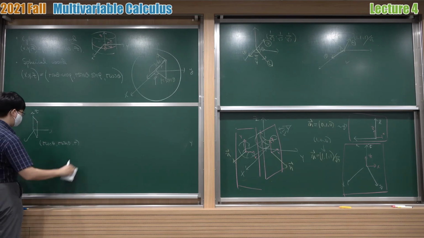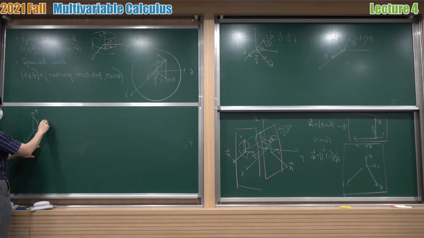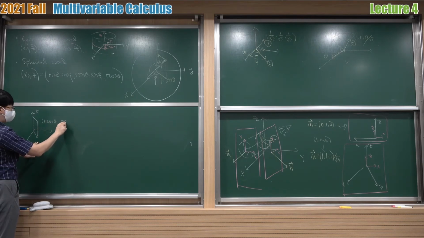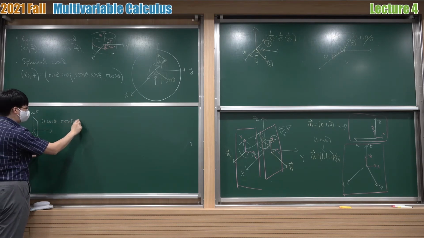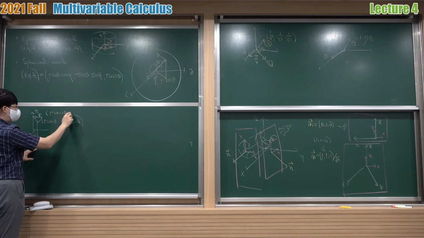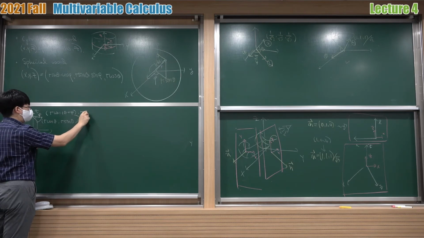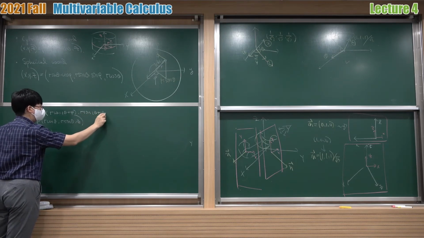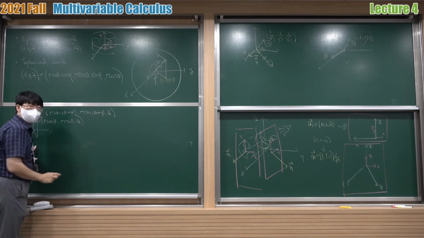So this is r cosine theta, r sine theta, and z. After rotation, let's say I'm rotating by phi degrees, then it will move to the point r cosine (theta plus phi), r sine (theta plus phi), and z, right?